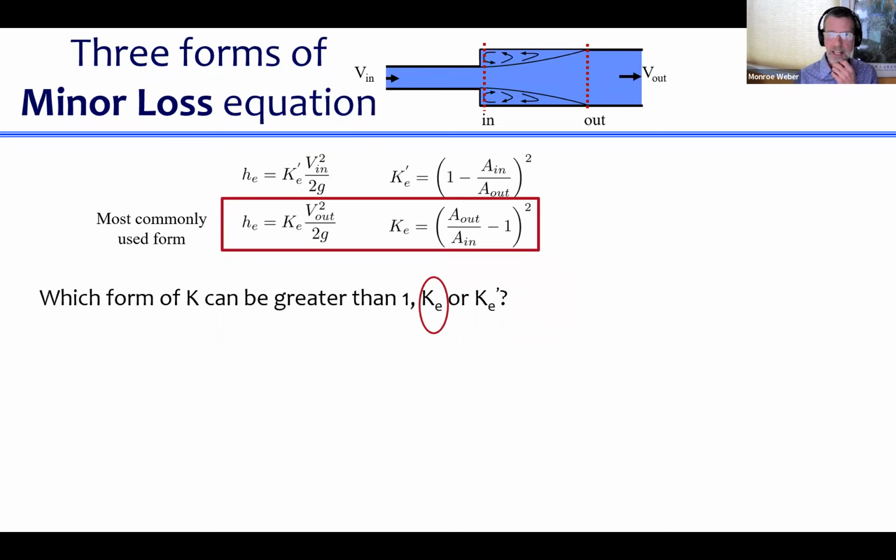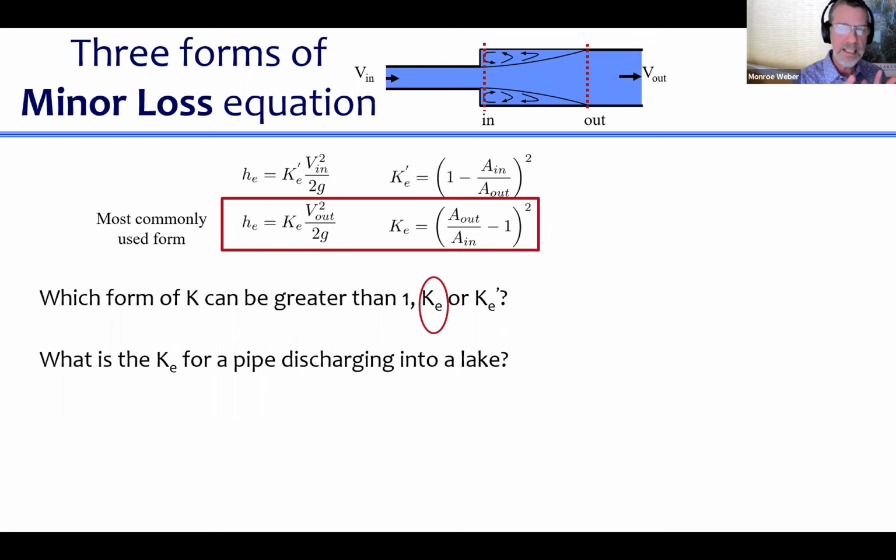So it looks like I already answered that question. These are the two forms of the equation for an expansion, either KE or KE prime. Here's a question for you. What is the value of KE? Using the equations that I've circled in red, what is the value of KE for a case of a pipe discharging into a lake?